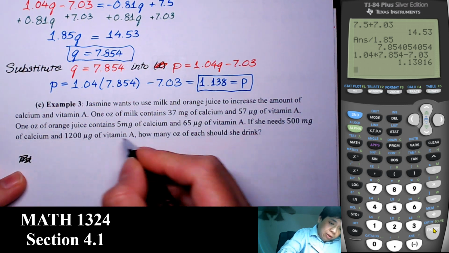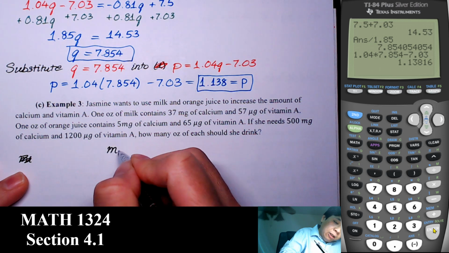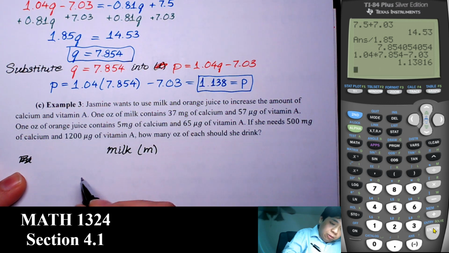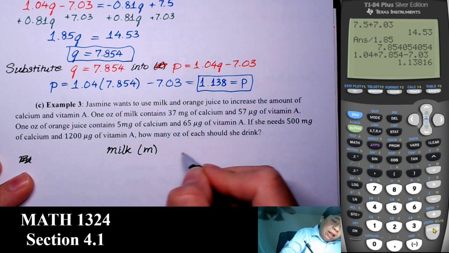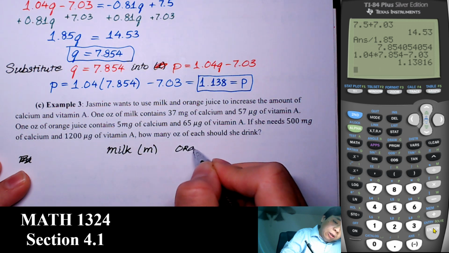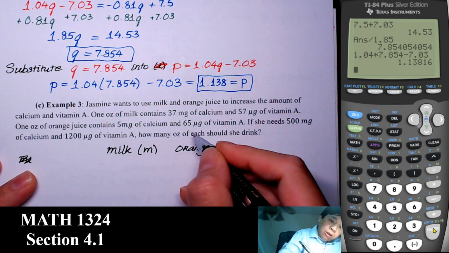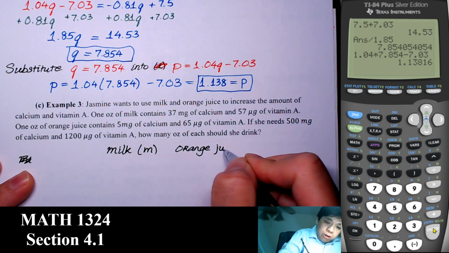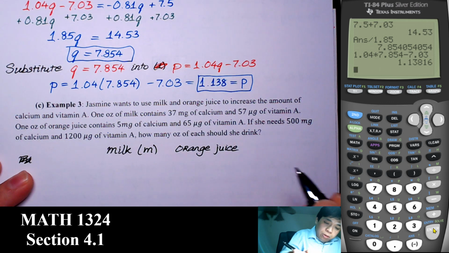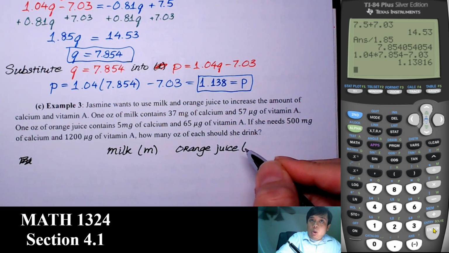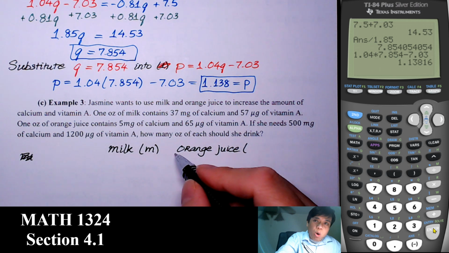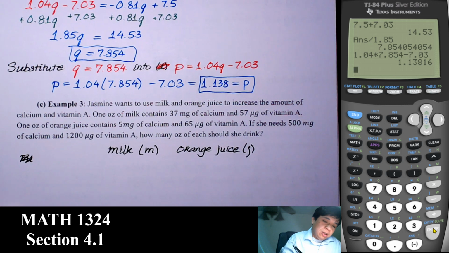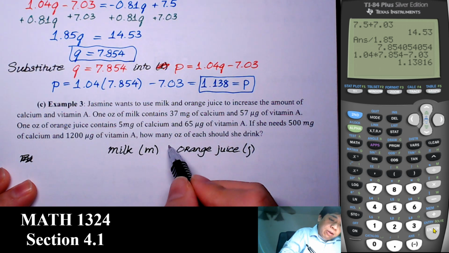Milk, we'll assign the variable M, and then orange juice, let's use some variable. I don't want to use O because that looks like the number 0, so let's use J. So we have those 2.